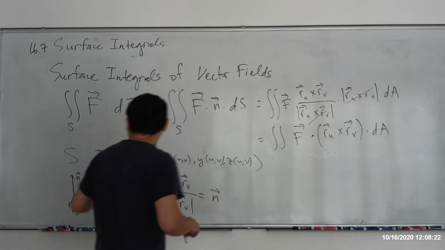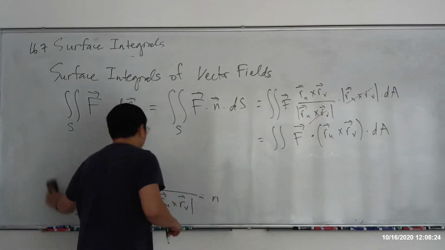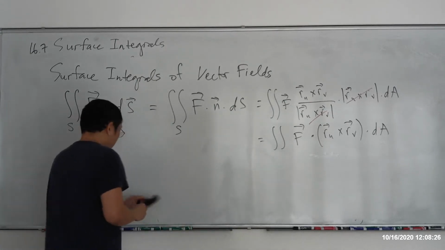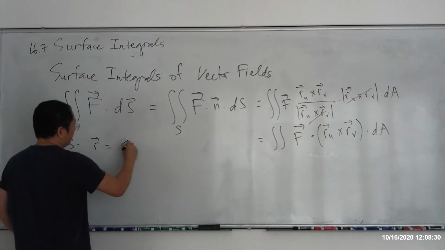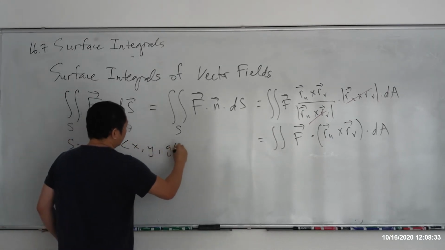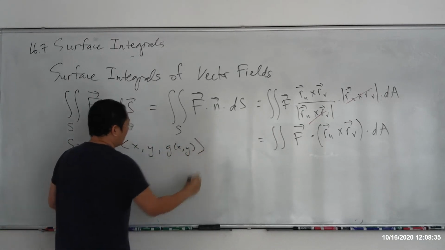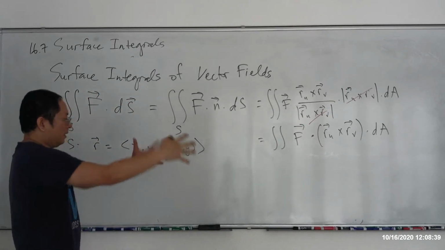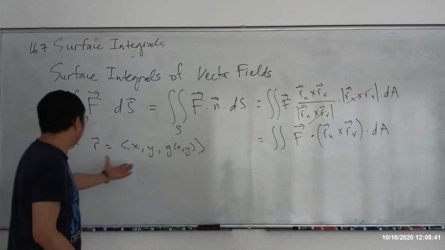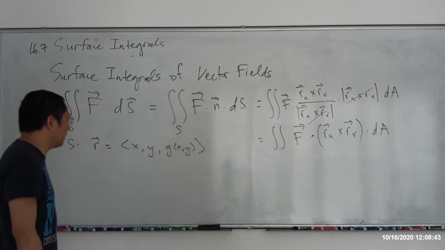And again, one more time for this special case where your surface vector r is x, y, and then g(x,y). Means what? You have a function. It may not be a sphere, anyway, this surface passes the vertical line test.